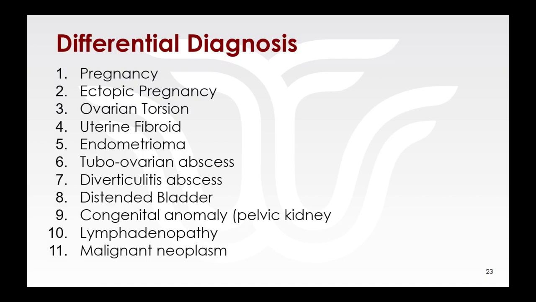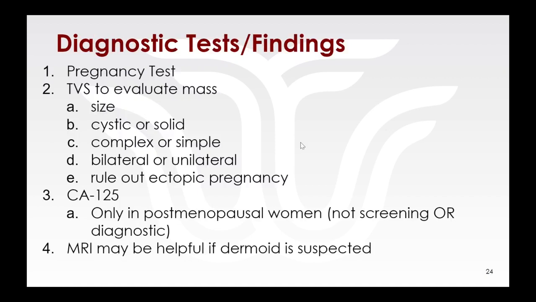patients. So pregnancy, you find an adnexal mass, no matter the age of the patient at all, right? So you find it there, you need an ultrasound to give you more information. If you had a positive pregnancy test, then we're looking at the tubes to rule out ectopic pregnancy.